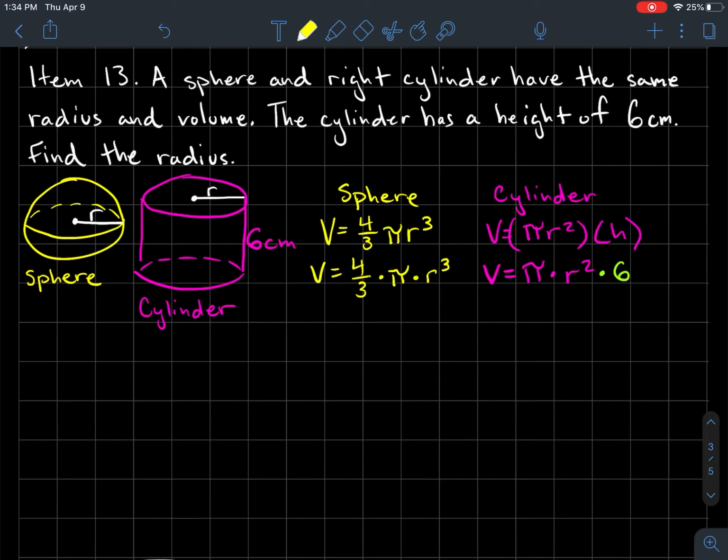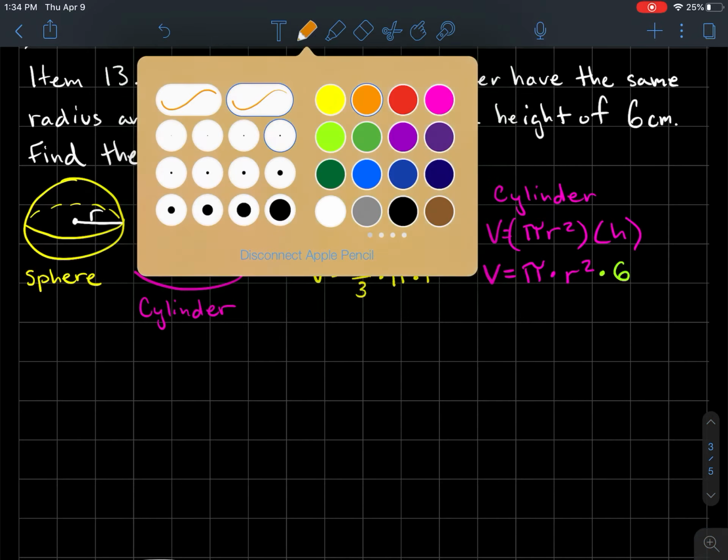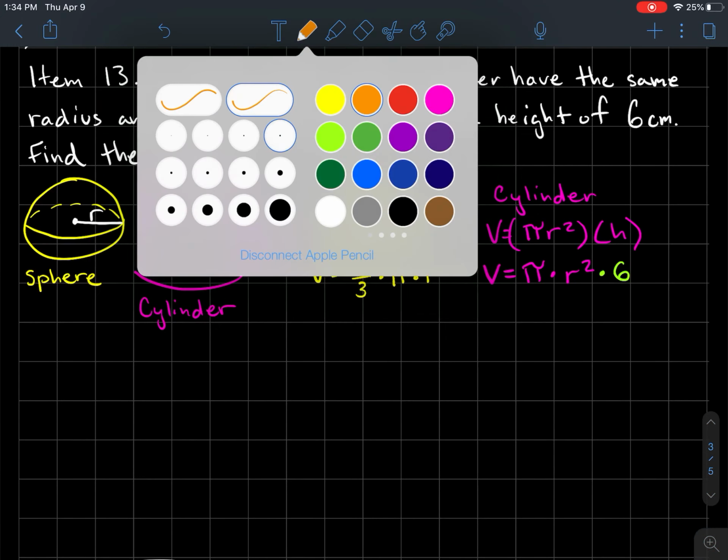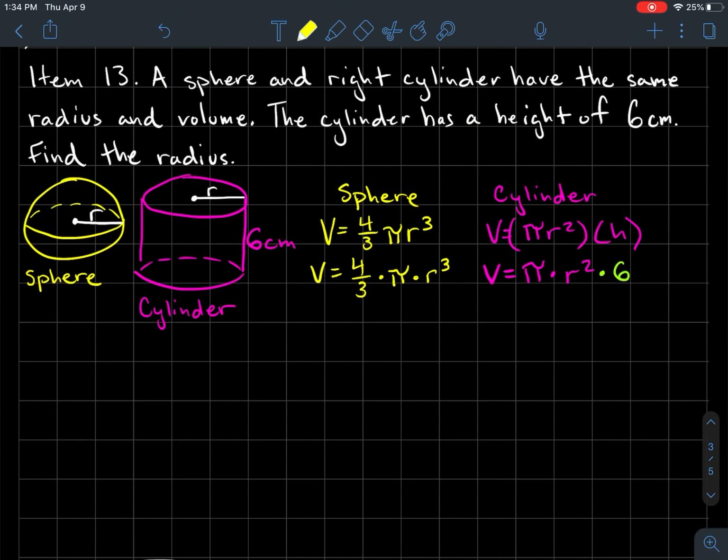So now from here, let's take into account that in the reading, it says that they shared a radius and a volume. So that means we're going to set both volumes equal to one another. So let me rewrite out in yellow again.